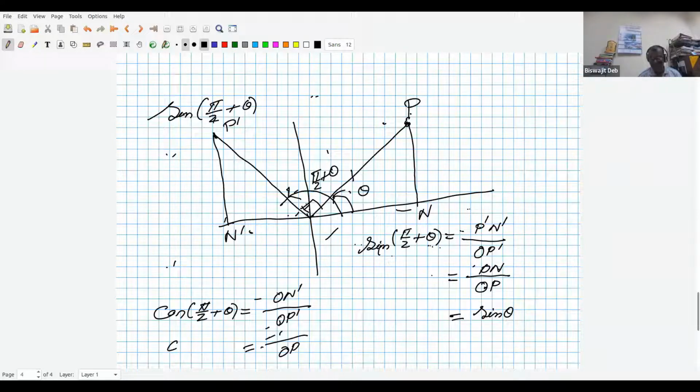So I will be writing here minus ON. So this gives you minus ON by OP. So that means it is minus of cos theta. And using these two, you can say that tan of pi by 2 plus theta is also going to be minus tan theta.